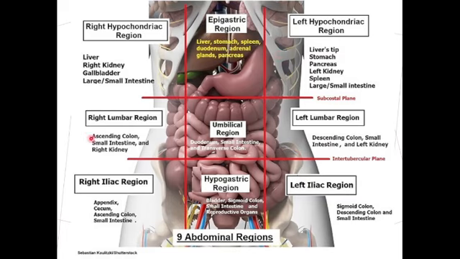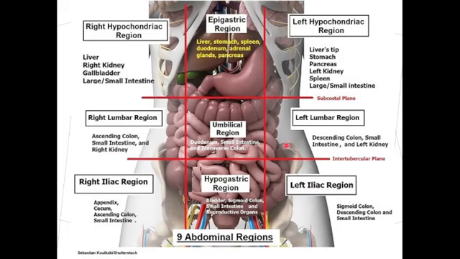In our right lumbar region, we have the ascending colon, the small intestine, right kidney just behind here. Then in our umbilical region, we have the duodenum, the small intestine, our transverse colon, and this is our large intestine.